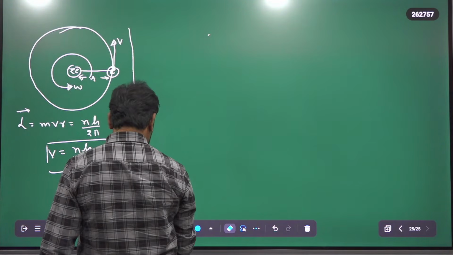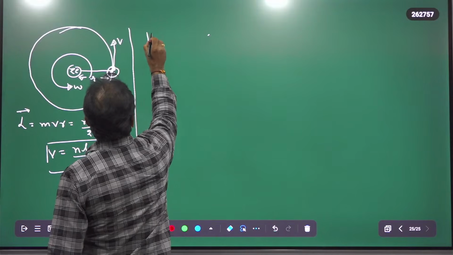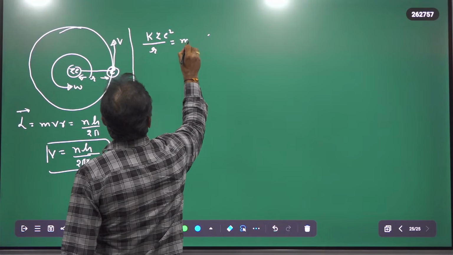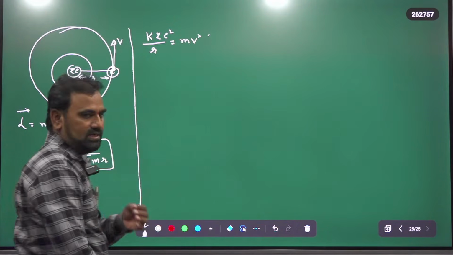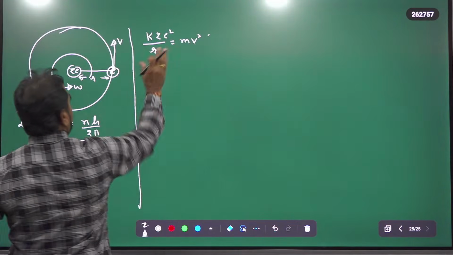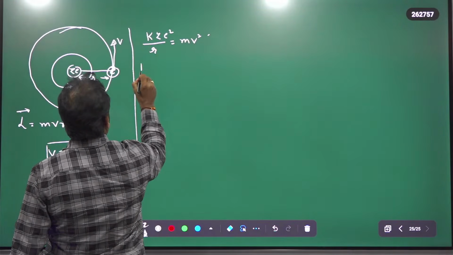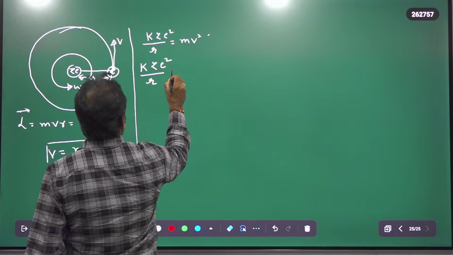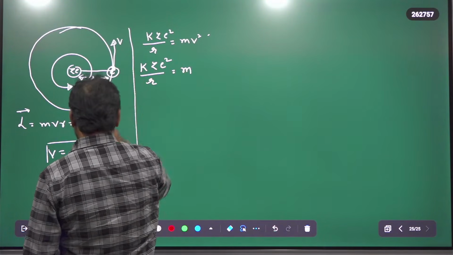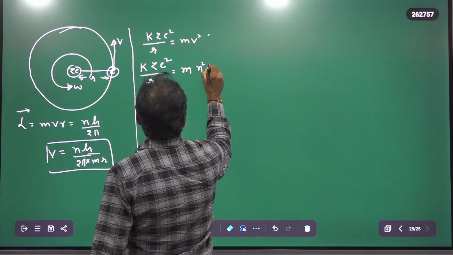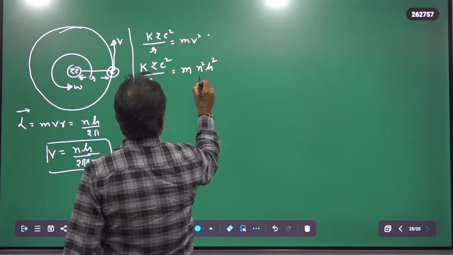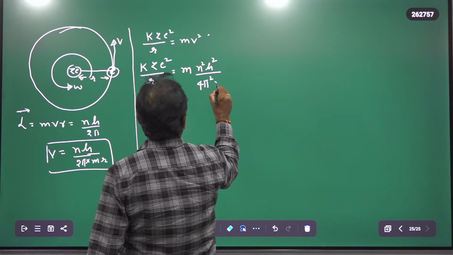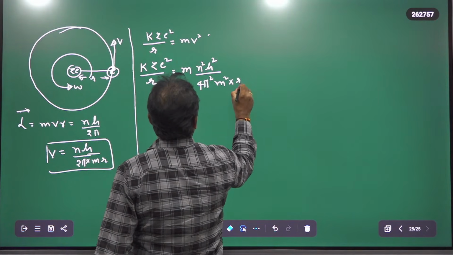I am writing very clearly, see here. kZe square upon R is equal to mv square. Now substitute this v value in this equation. Then what will you get? k into Ze square upon r is equal to m into v square, meaning n square h square by 4 pi square m square into r square.